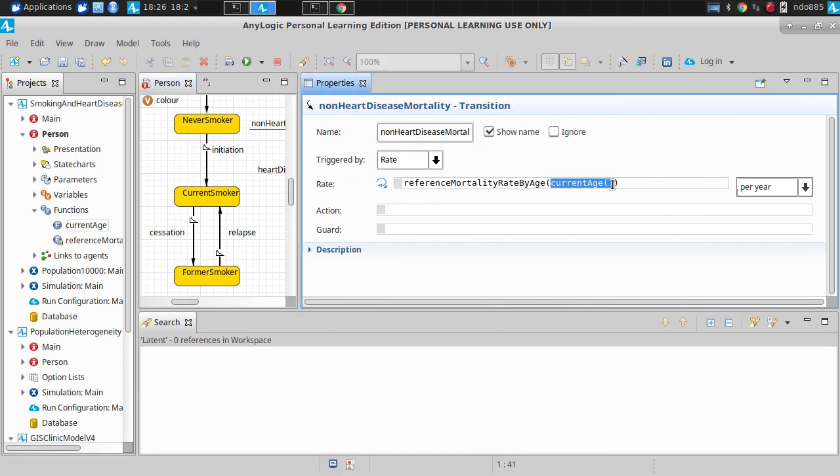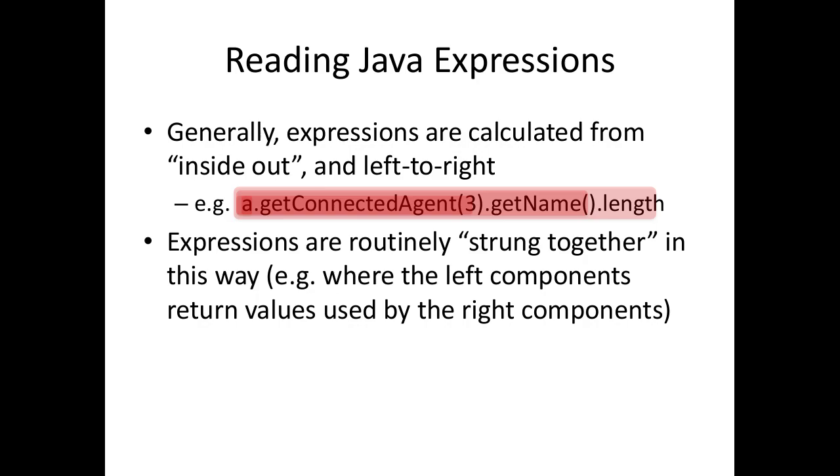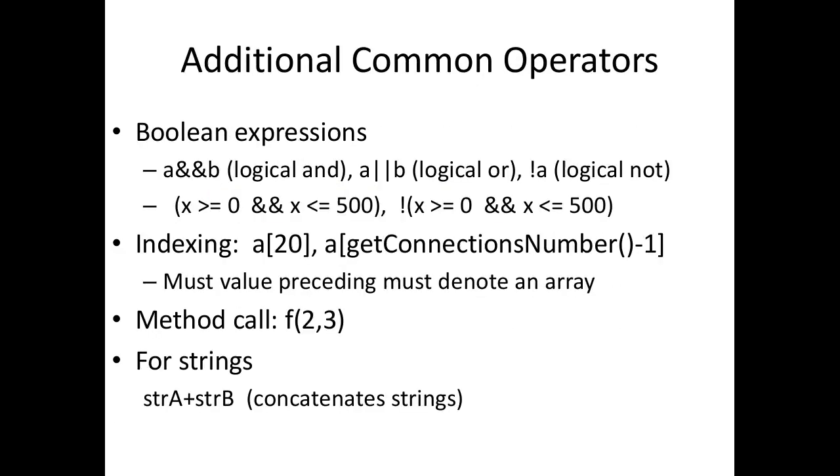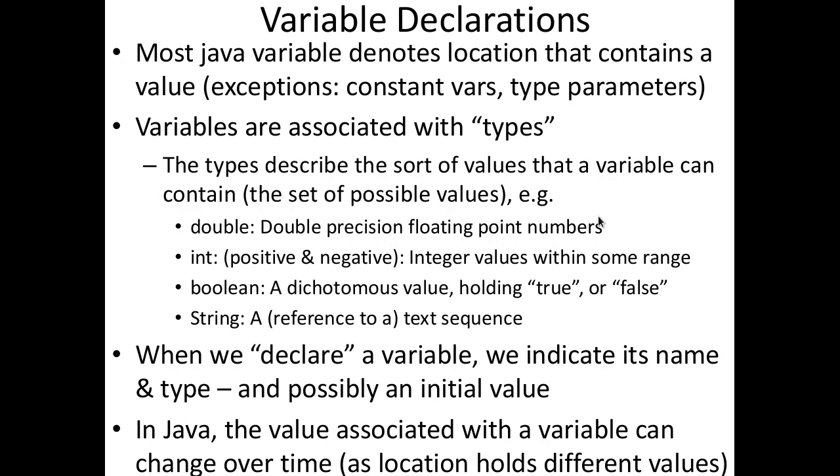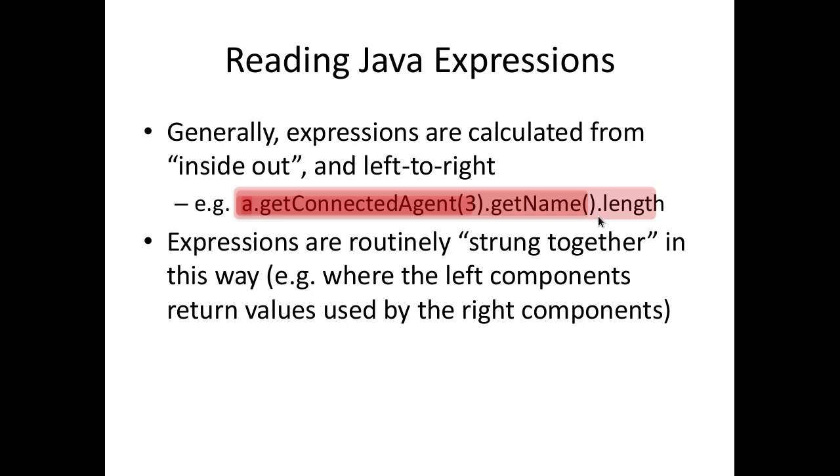There's this one, it gives a number, and then whatever that gave, I'll call this function with that as the argument. Does that make sense? Okay. Expressions are routinely strung together in this way, where one contains another.